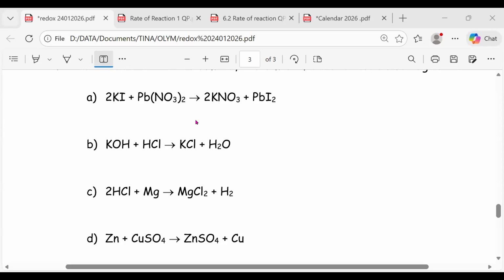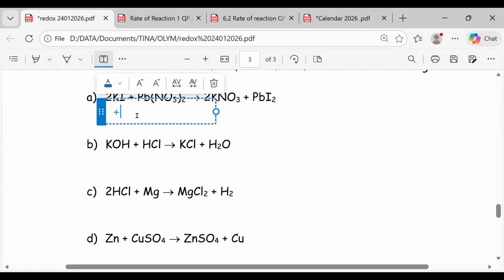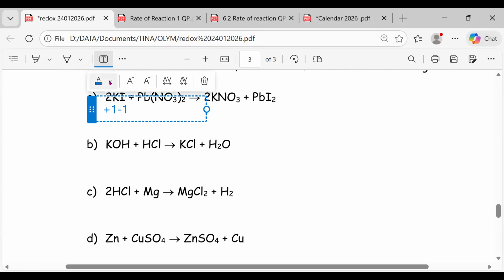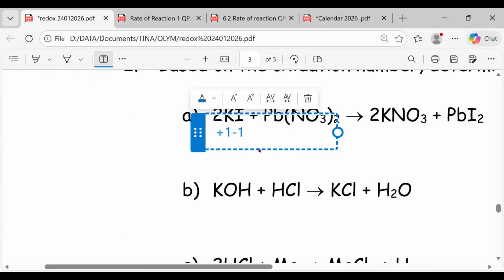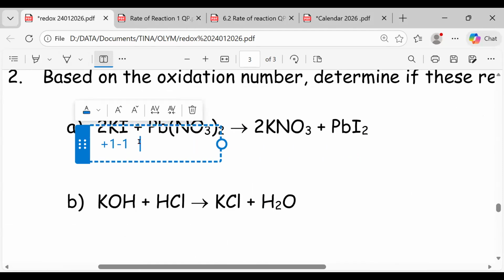Okay, so we try this one. If you look here, potassium is group 1, so it's positive 1. Iodine is negative 1. Lead is positive 2 because the entire nitrate is a negative 1 charge.